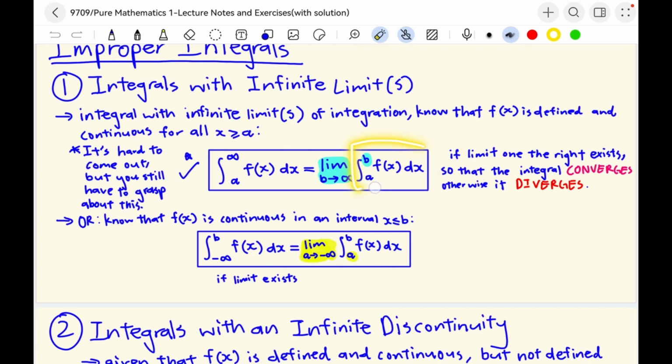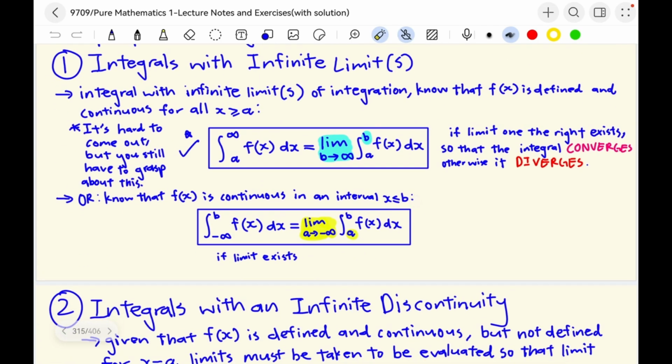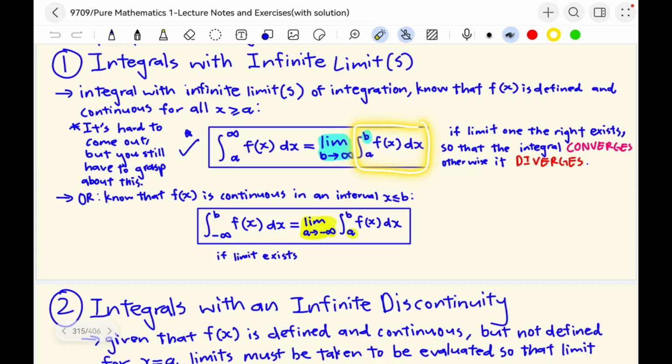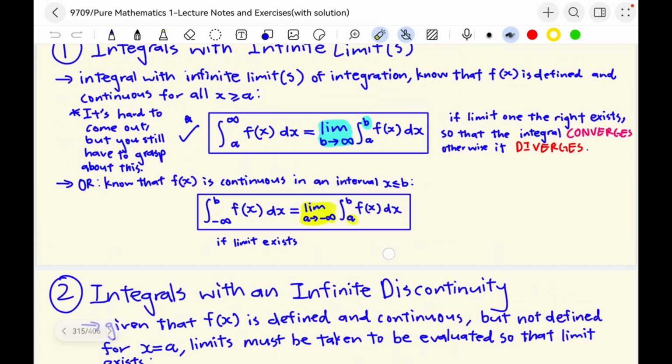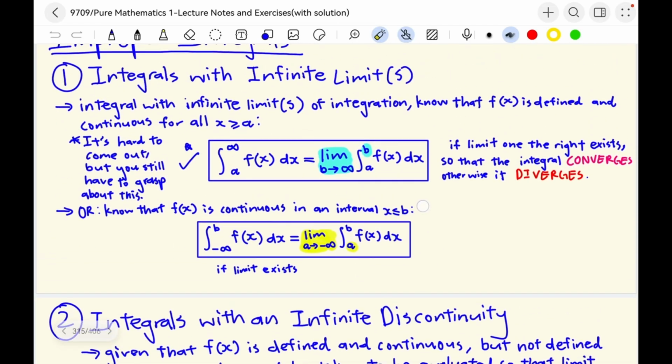Now you have made the integral proper already, which means that you can integrate it as usual. However, you have to substitute all the limits after it. Then you take the limit. Alright? Evaluate it fundamentally.